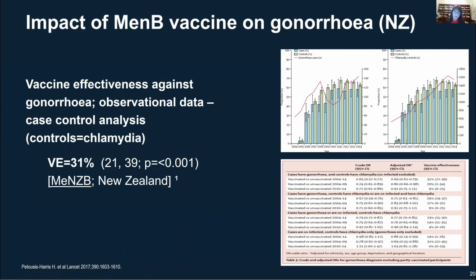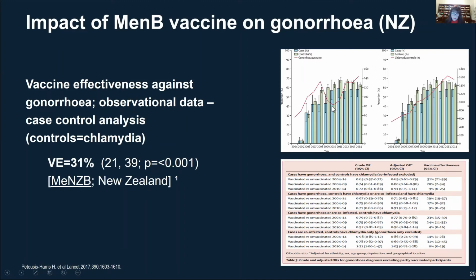because both gonorrhea and meningococcus, of course, are from the Neisseria family, Steve Black, who I consider one of the grandfathers of vaccinology, suggested that they look at whether there had been any impact on gonorrhea over time in this adolescent age group who'd been vaccinated. And this is from a paper published by Helen Petousis-Harris in New Zealand, showing that they did see an effect, a reduction in gonorrhea post introduction of that program.